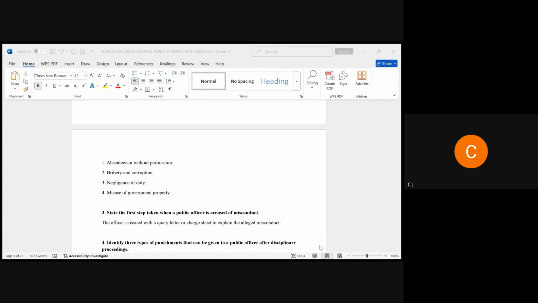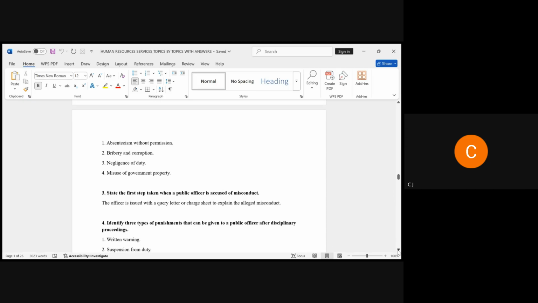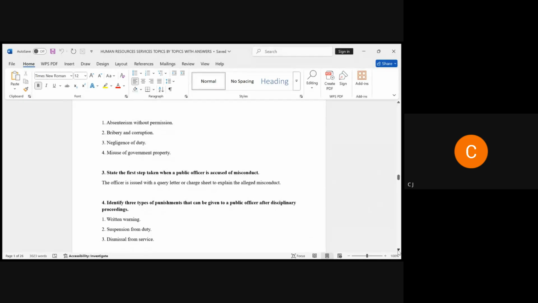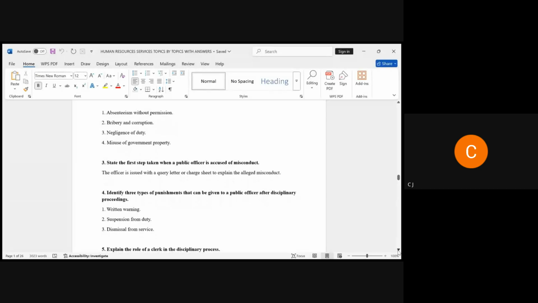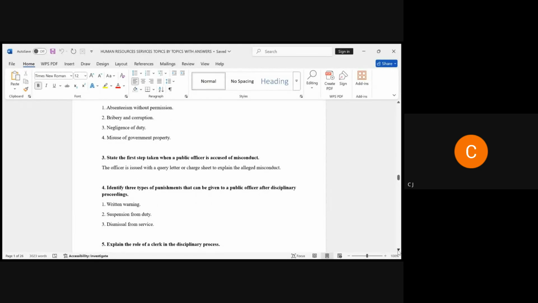Those are types of punishment you'll receive. You have written warning, suspension from duty, dismissal from service. You can also be interdicted. Demotion also is part of it.